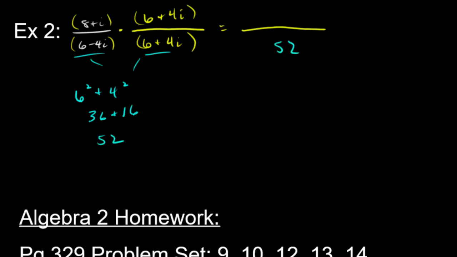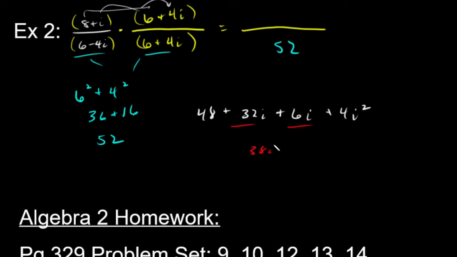And then you've got this business up here. So that's going to be 8 times 6 is 48. That was one of my hardest ones learning when I was in grade school. And then 8 times 4i, which is 32i. And then i times 6, which is 6i. And i times 4i, which is 4i squared. These two pieces combine to give you 38i.